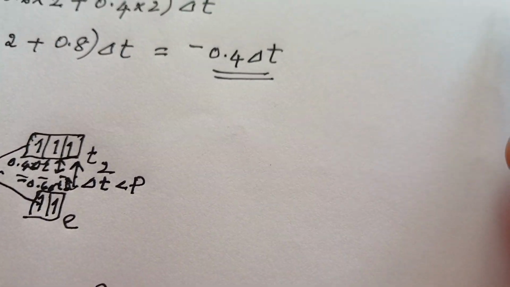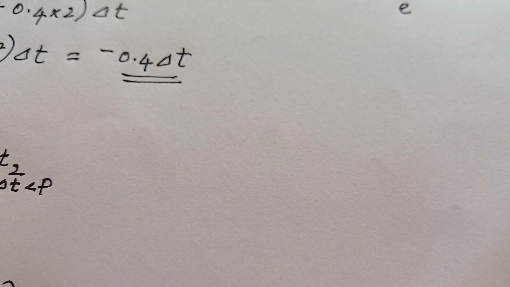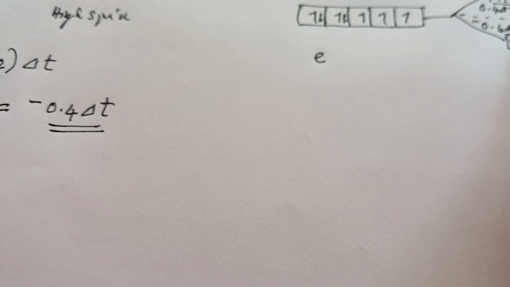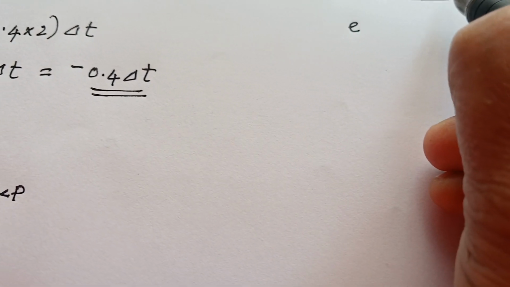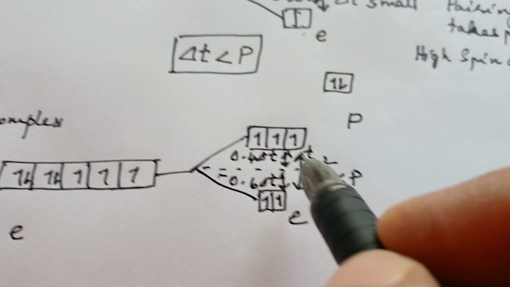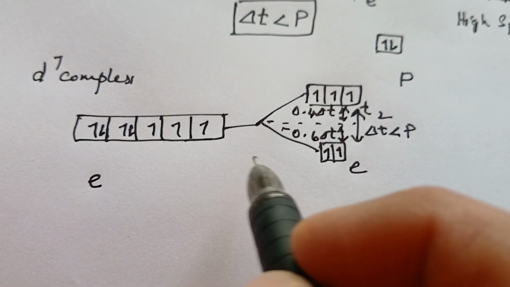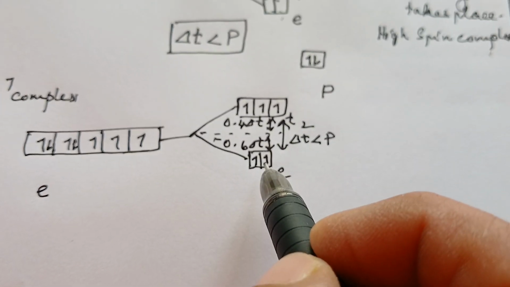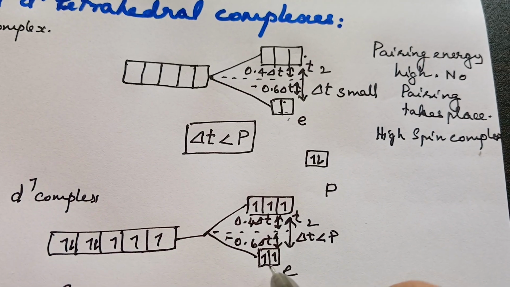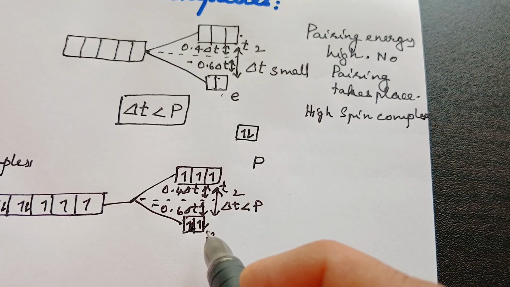So here the configuration is like E, 1, 2, 3, 4, 5. There are 7 electrons, 1 electron each in the 5 orbitals now, so out of the 7 electrons, 5 electrons are now occupying the E set and the T2 set. Now 2 more electrons are left. So 1 electron will come here and the other will come here.